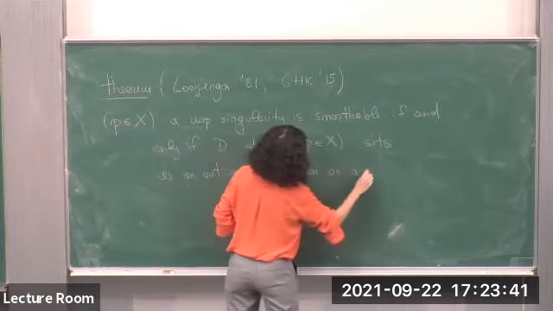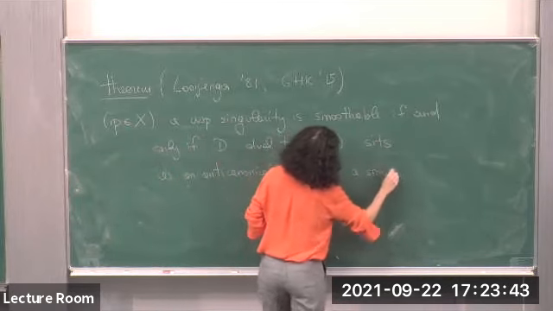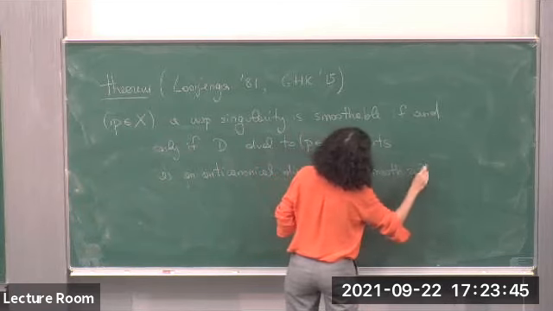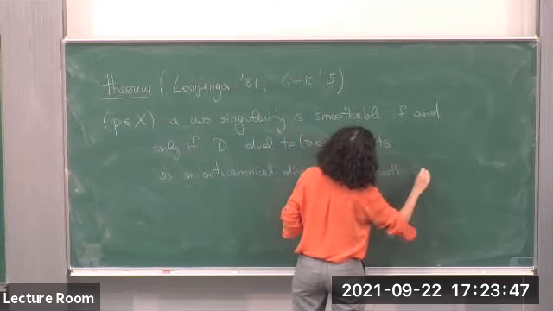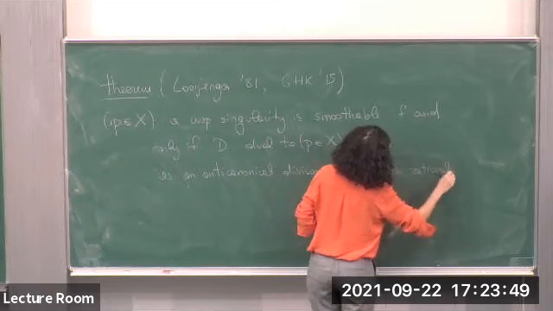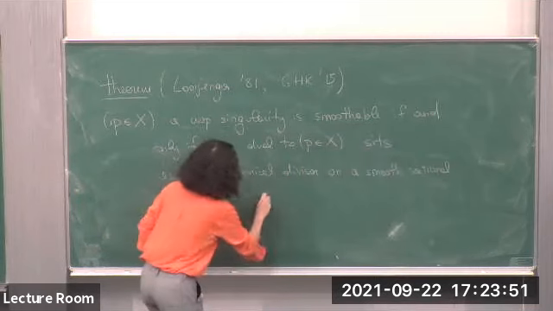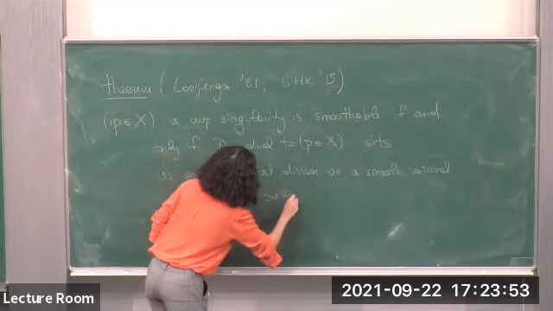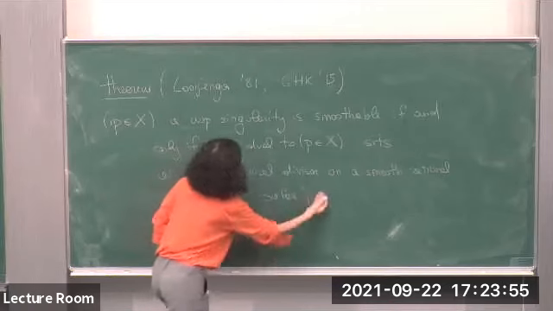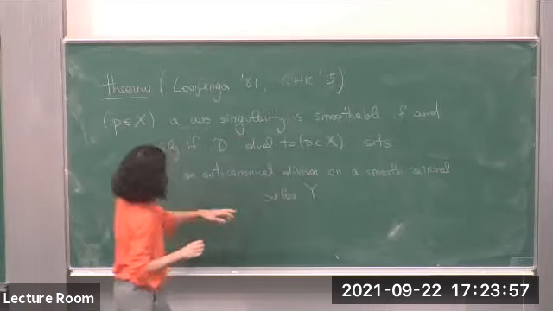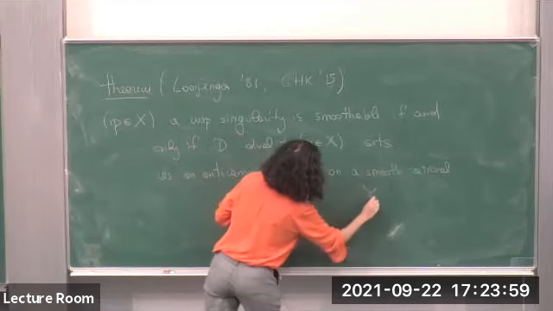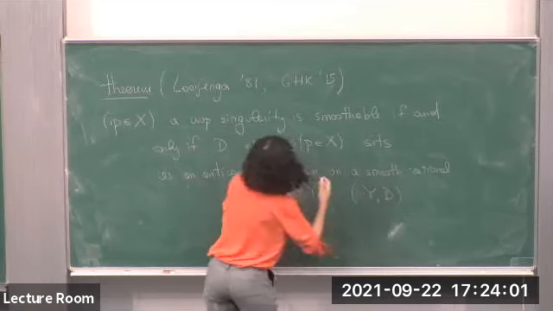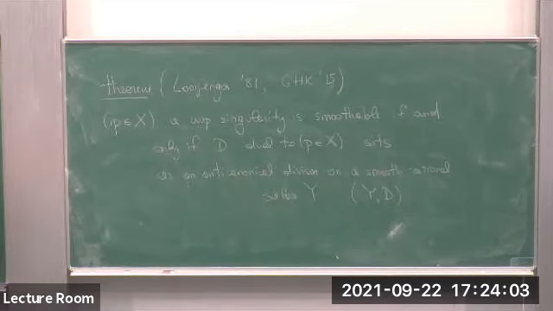on a smooth surface. So what we have is an anti-canonical pair, and we discussed this morning, so we know what they are.